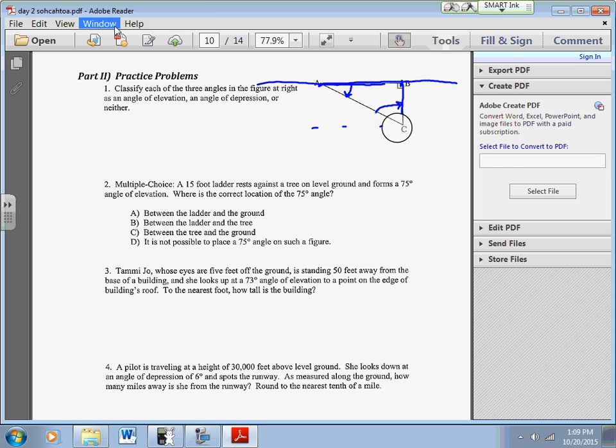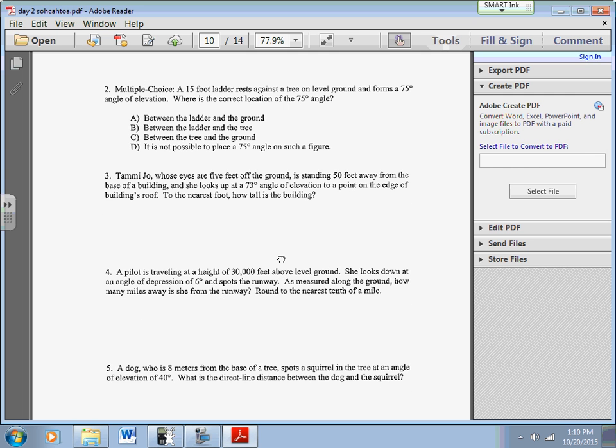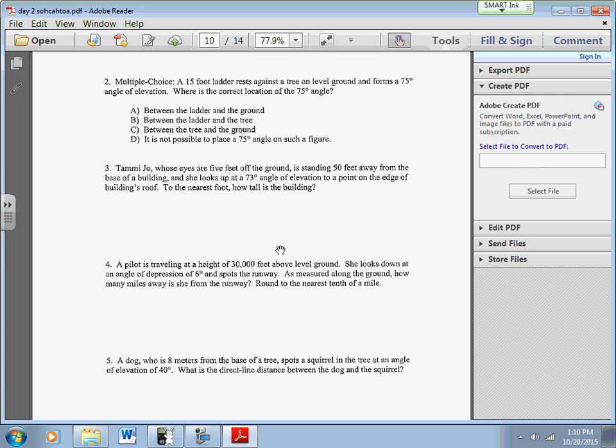Okay. So number 2, multiple choice: a 15-foot ladder rests against a tree on level ground and forms a 75-degree angle of elevation. You should have drawn a tree.